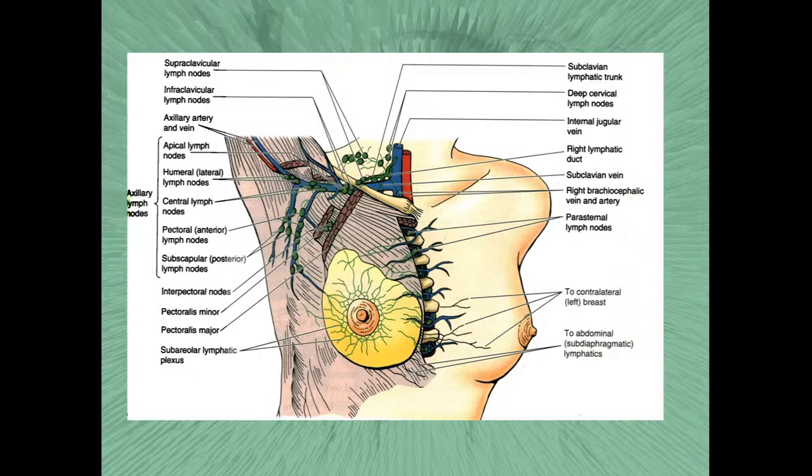It is very important to make the diagnosis of breast cancer as soon as possible, because sometimes the first symptom of breast cancer is an increase in size of the lymphatic nodes.